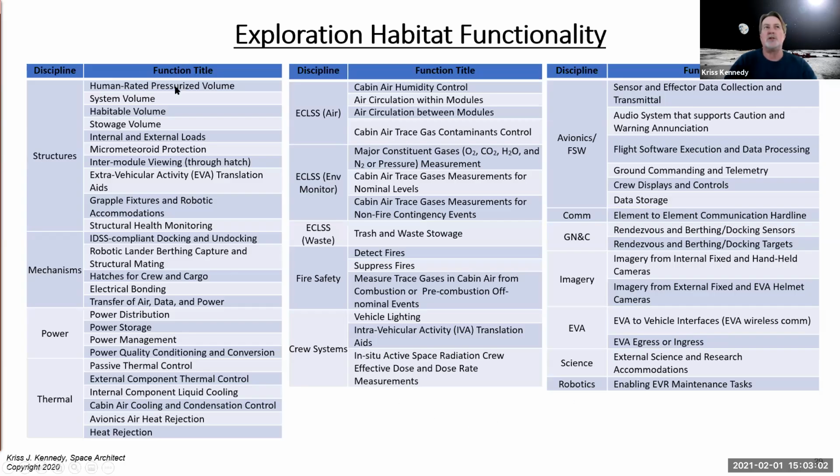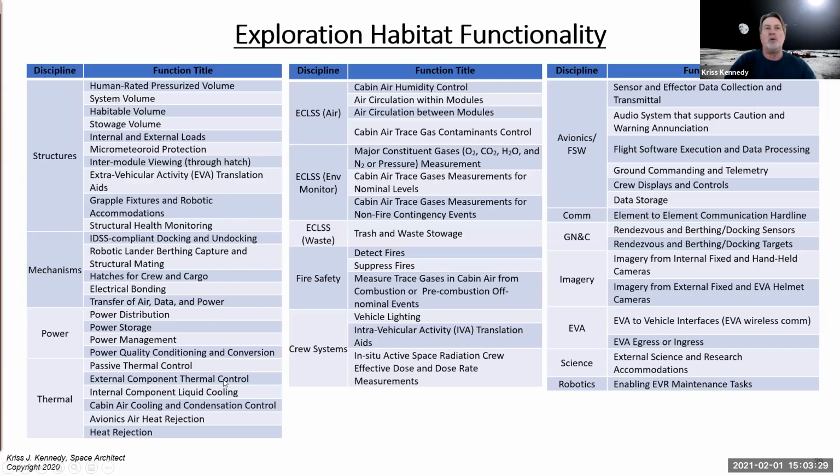So there are sub-functions within that structures discipline, from the system volume, human-rated pressure volume, habitable volume, stowage volume, internal and external loads, micrometeoroid. The internal loads could be secondary structure, internal module viewing through hatches, translation aids, grapple fixtures, robotic accommodations, structural health monitoring.